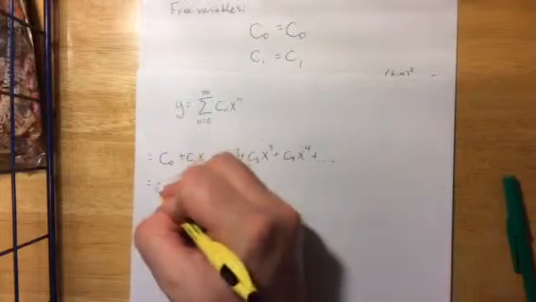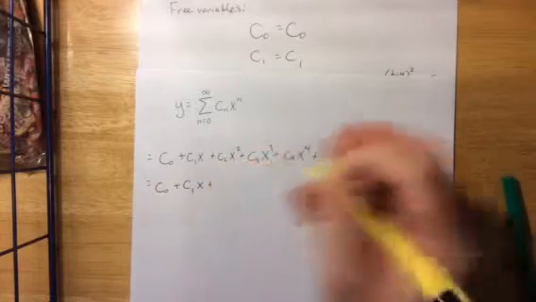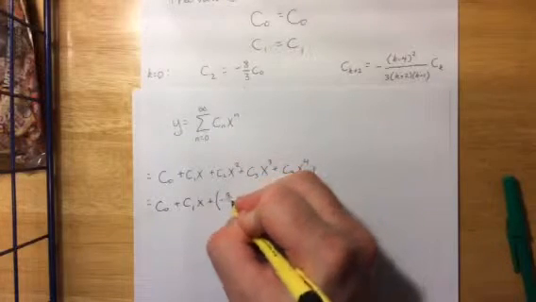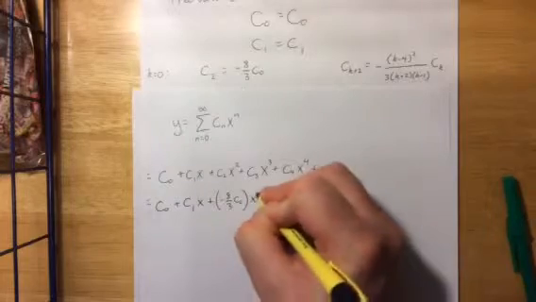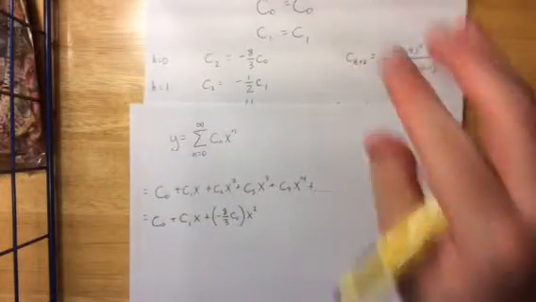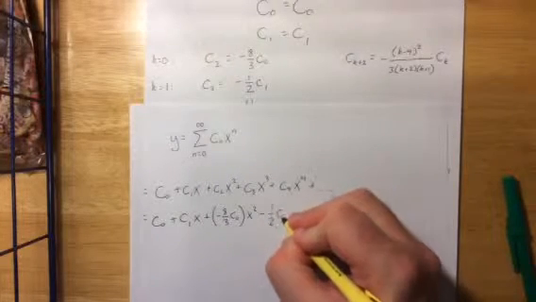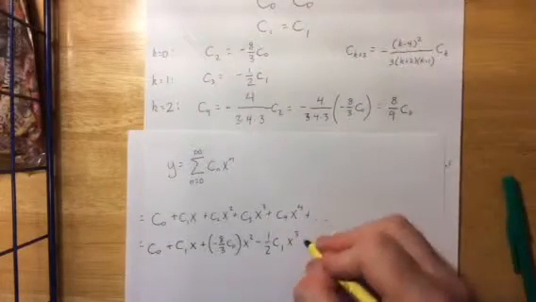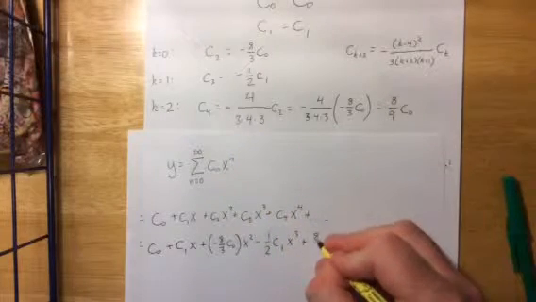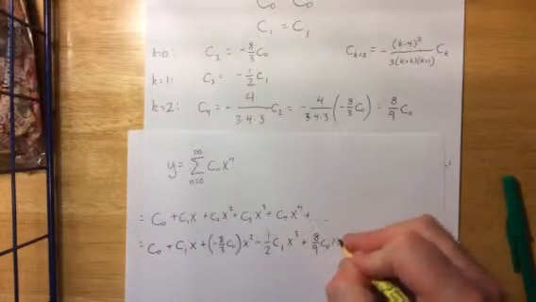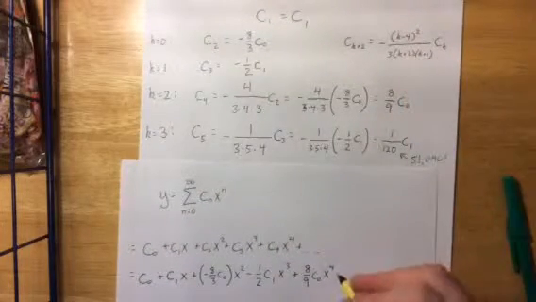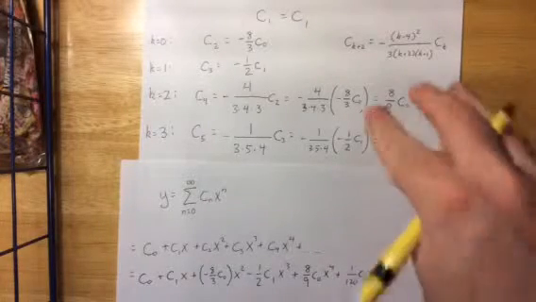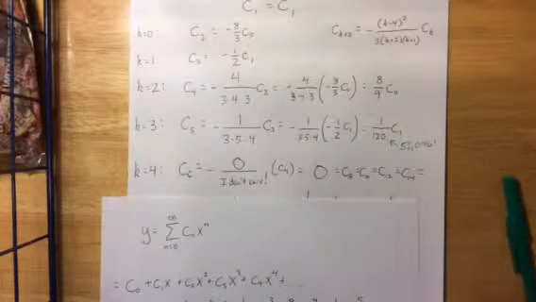So c sub 0, that's just going to be c sub 0. c sub 1 times x, that's just going to be c sub 1 times x, plus, oh, just kidding, that's going to be minus 8/3 c sub 0 times x squared, minus 1/2 times c sub 1 x cubed, plus c sub 4 was equal to 8/9 c sub 0 x to the fourth, and let's keep it going, plus 1 over 120 times c1 x to the fifth, plus, oh my gosh, it was 0, so that's awesome.